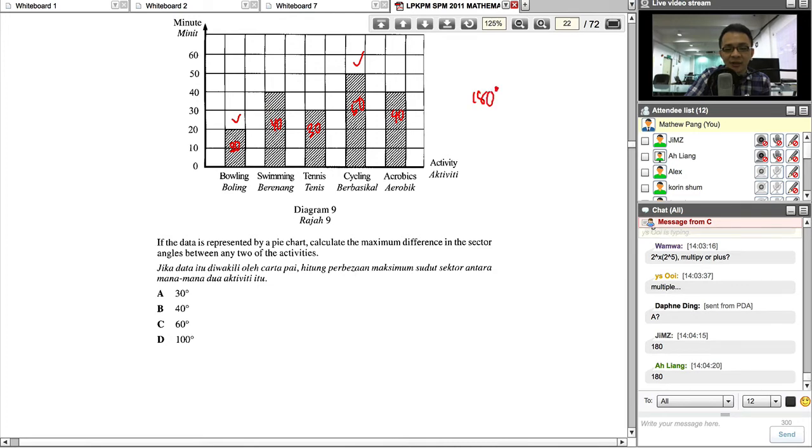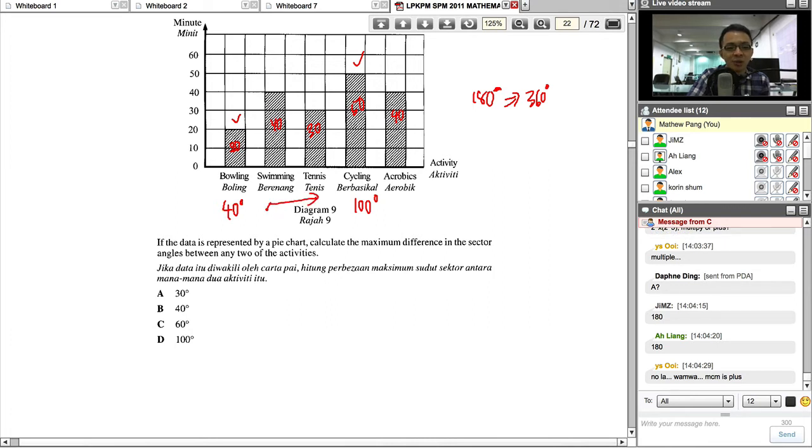So total is 180. Oh, sorry. If we change this to degrees, we know a full circle is 360 degrees, right? So actually I have to multiply everything by 2. So this is 100 degrees. This one will be 40 degrees. So the maximum difference between these two will be this one minus this one, 60 degrees. That's all.